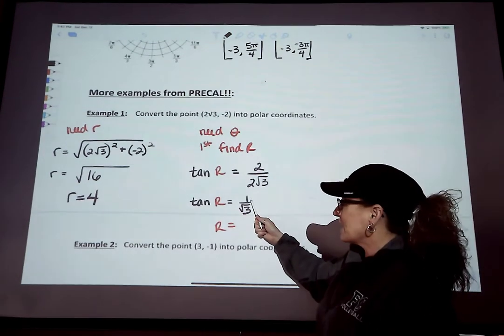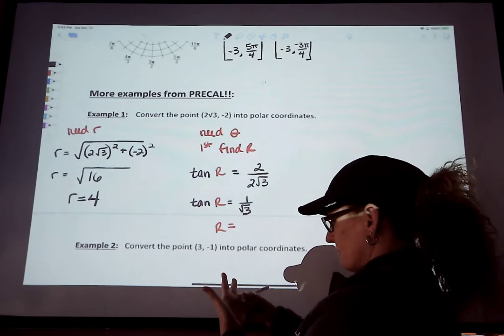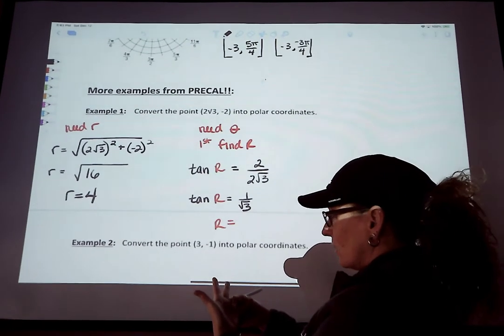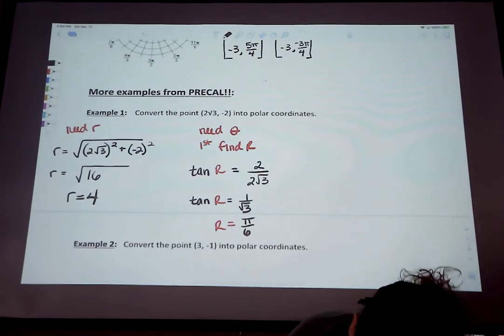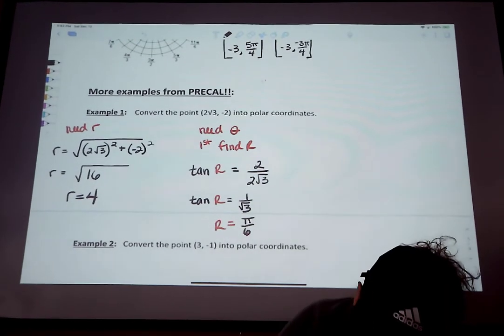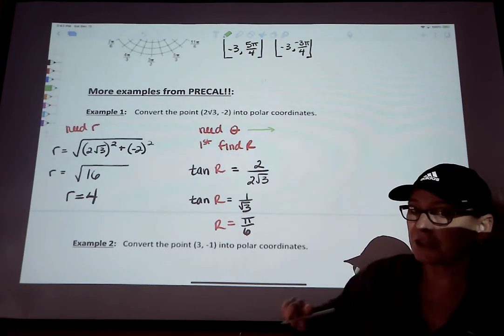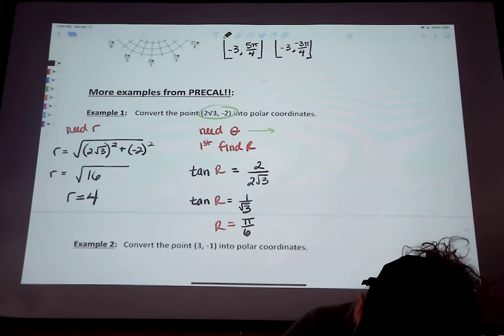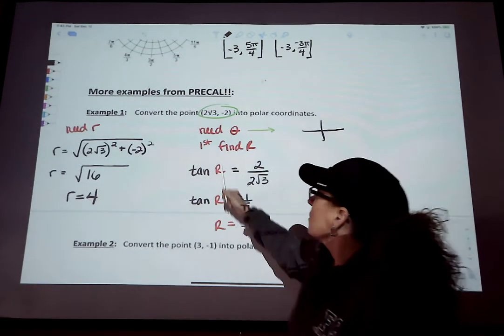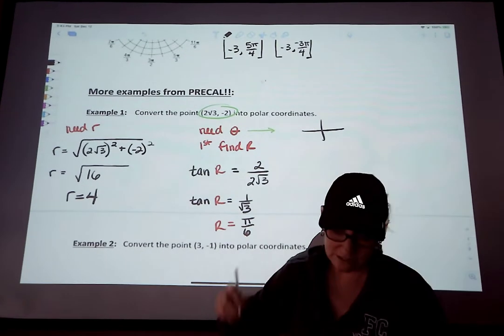So my tangent fraction is 1 over radical 3. That would be a reference angle of pi over 6. Now, to get theta, the real angle, I'm going to place this on a graph. So this point is in quadrant 4.